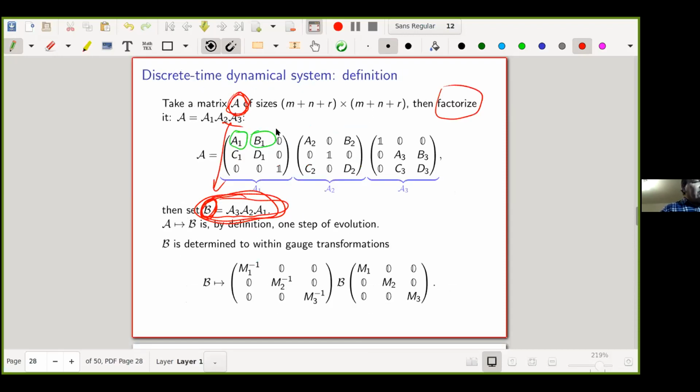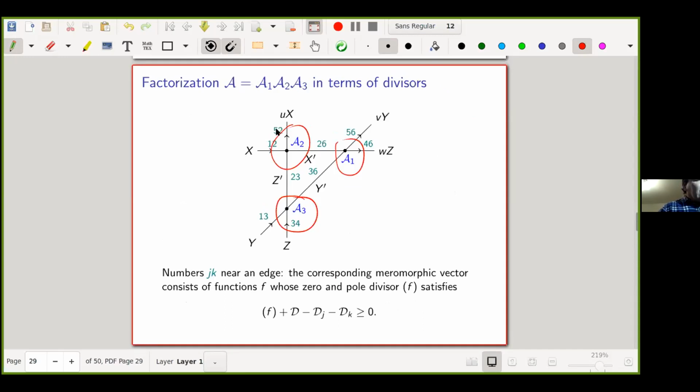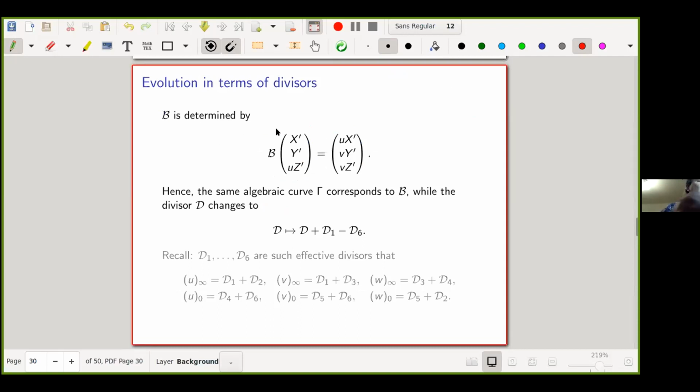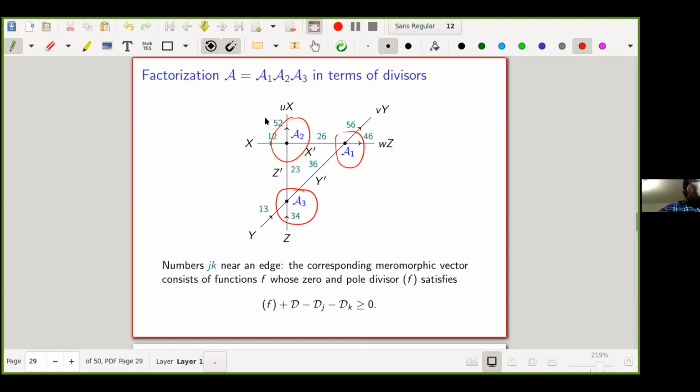Namely, this B here is determined by the following relation, where those primed X capital, Y capital, and Z capital are meromorphic vectors appearing on these inner fragments of my lines.